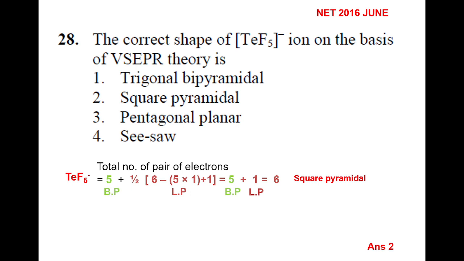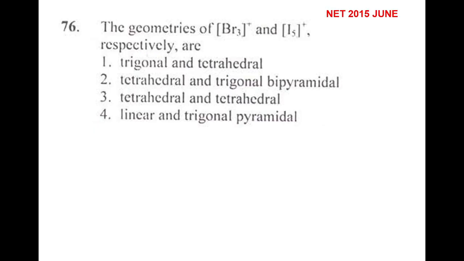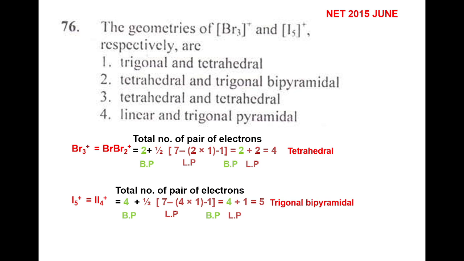Then if we talk about another question, that is the geometry of Br3 plus and I5 minus. Already we have discussed Br3 plus. So Br3 plus is nothing but tetrahedral geometry. We can divide Br3 into Br and Br2 plus. So we'll get 2 bond pairs, 2 lone pairs of electrons, that is tetrahedral.